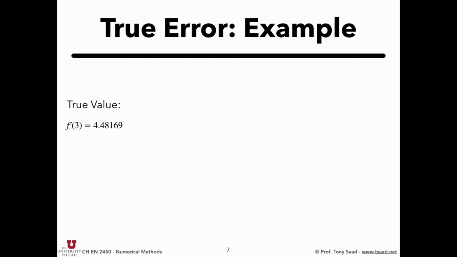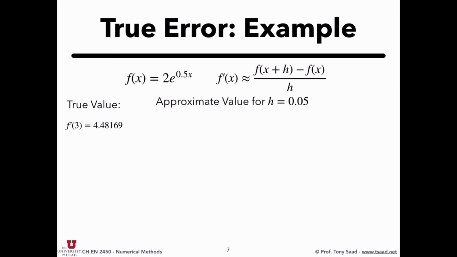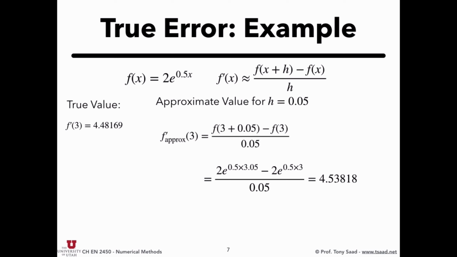So now we do the same thing, but for h equals 0.05. Again, we substitute the value for x, that's 3, and the value for h, that's 0.05. And again, we get an approximate value, and that is 4.53, and then we compute the error, and obviously this error is about 1 order of magnitude smaller than the previous error, which was 0.6. Okay.